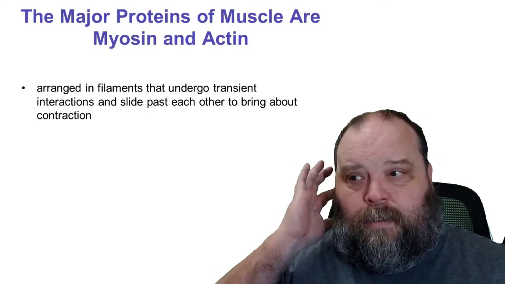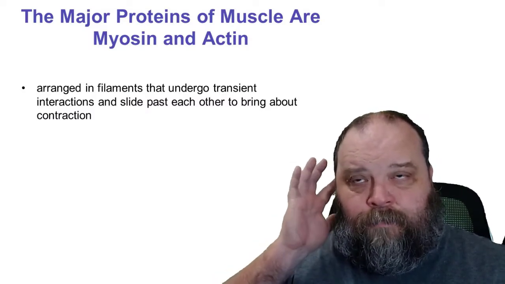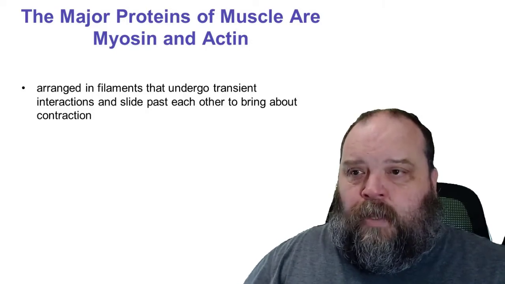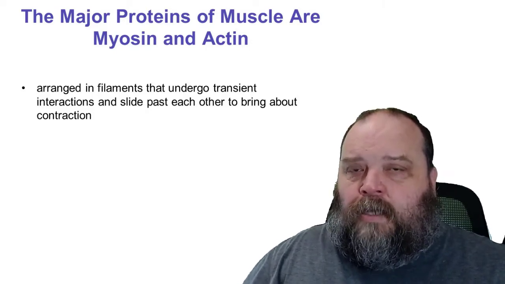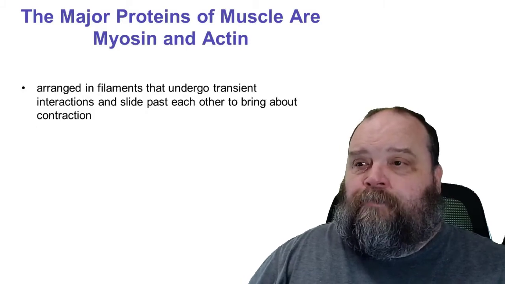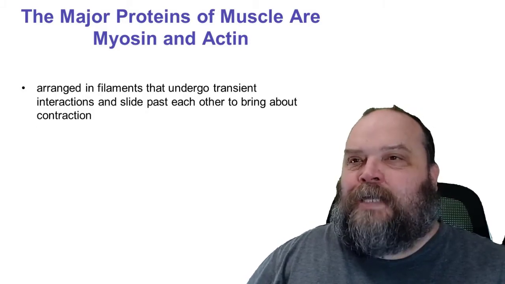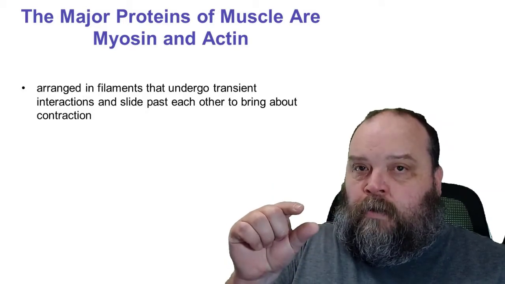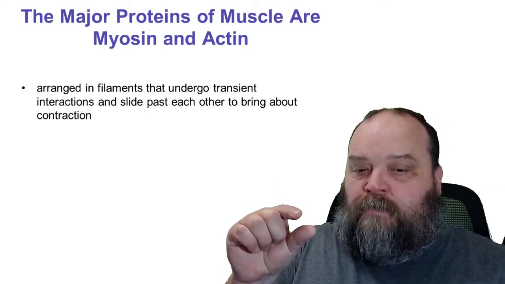Now we need to keep in mind that the cells of your muscles have a cytoskeletal component composed of myosin and actin that allows for the foreshortening of the cell.